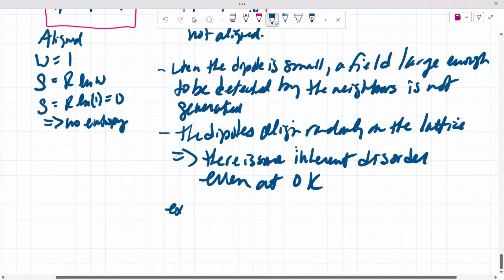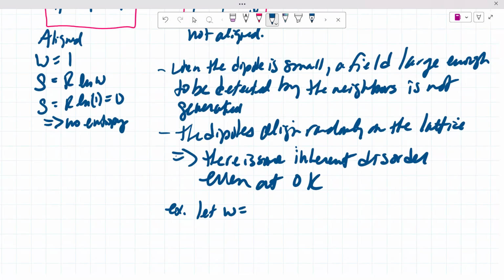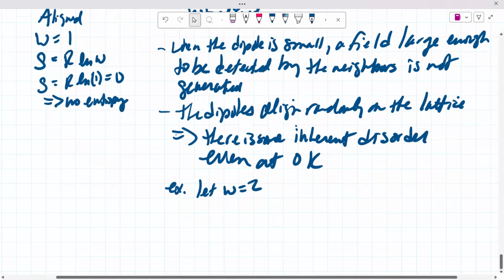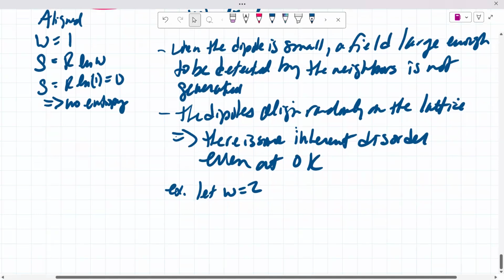All right, example, let W equal 2. The ways to align things are up or down, right? That's what these arrows mean.